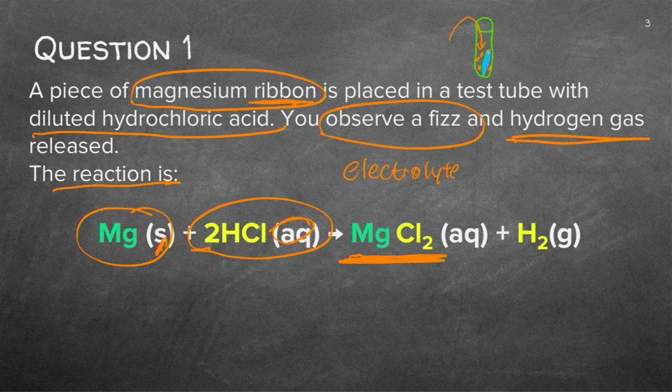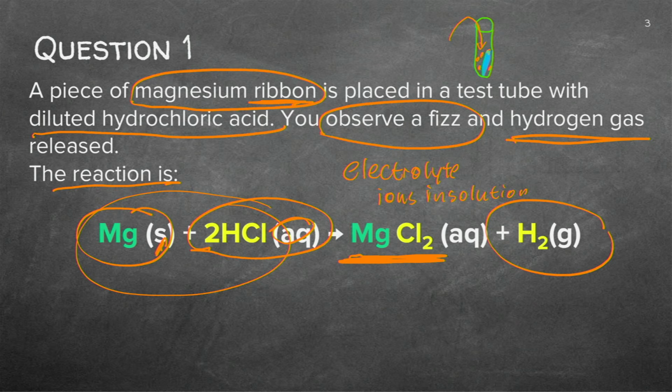It is ions in solution. So it actually took the substances that I put in, which we call the reactants, and it changed. And that's where oxidation and reduction comes in. And it released the hydrogen gas. Therefore, we see a fizz because gases make fizzes.